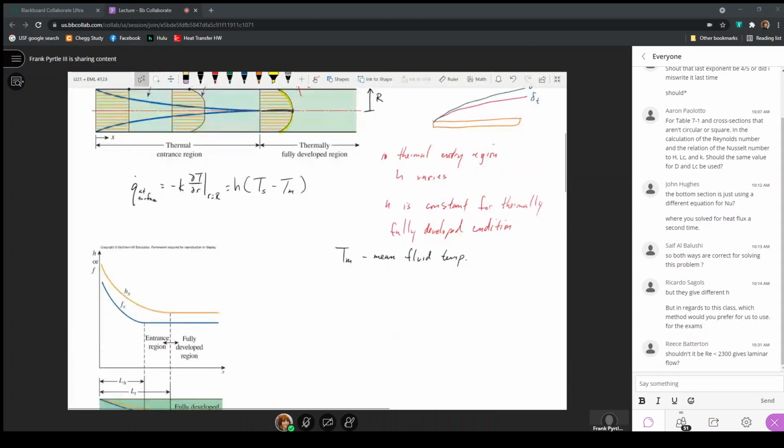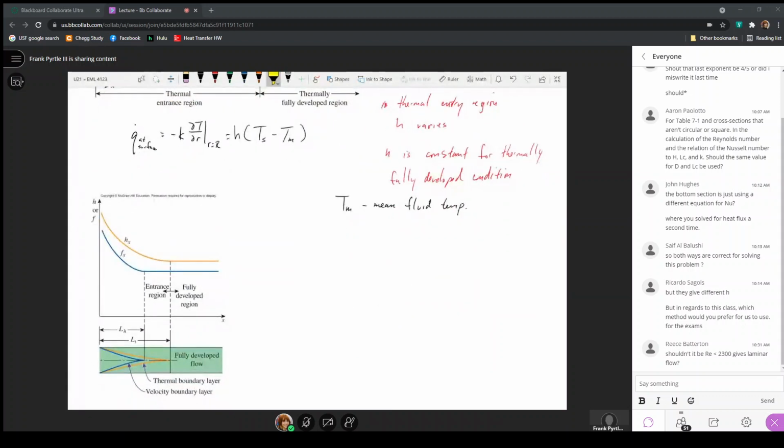This expression here is for the heat transfer coefficient and also for the friction factor. The friction factor is what we typically look for out of just the hydrodynamic problem. The heat transfer coefficient is what we look for from the thermal problem.